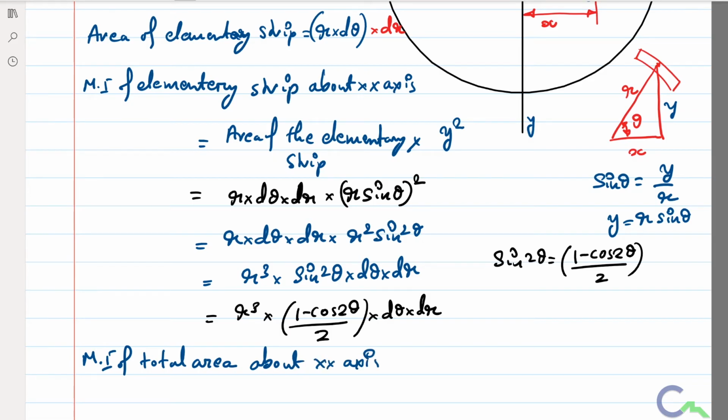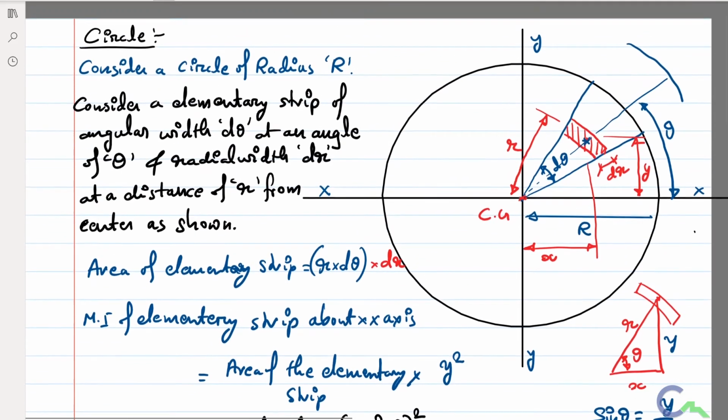So I can take that as Ixx is equal to, if I see here, it is having two variables, one is theta and the other is radius r. Theta varies from 0 to 2 pi, that is 360 degrees, and radius varies from 0 to capital letter R, the total radius, that is the radius of the circle.